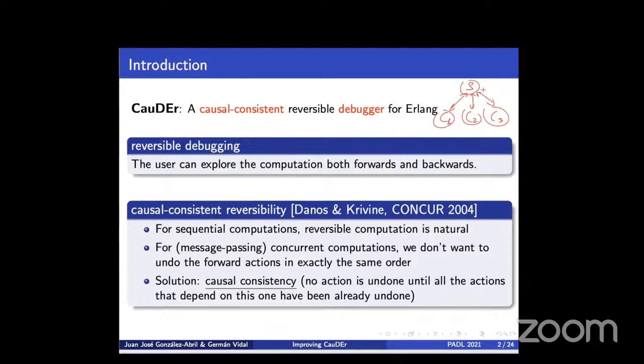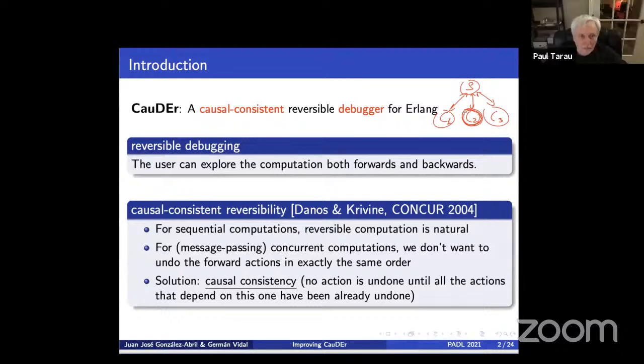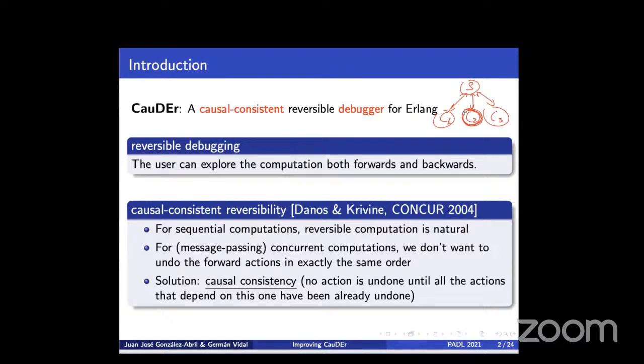So the actions of C1 have nothing to do with the actions of C2, etc. In this context, if we consider a standard or forward computation, and at some point we see that one of the clients, say C2, performs some incorrect action, we don't want to undo all the actions of this forward computation, because many of these actions performed by C1 and C3 are typically completely independent of the actions of C2 and of the error or incorrect behavior that we observe.